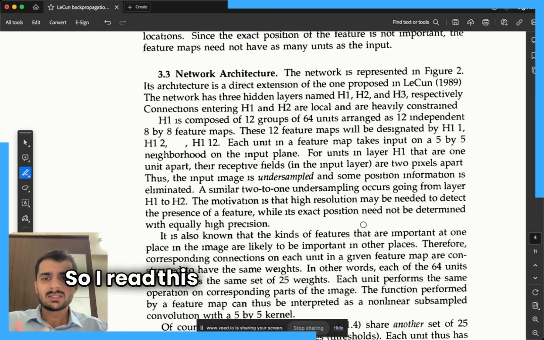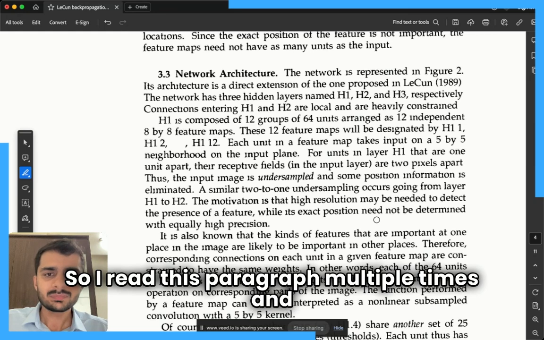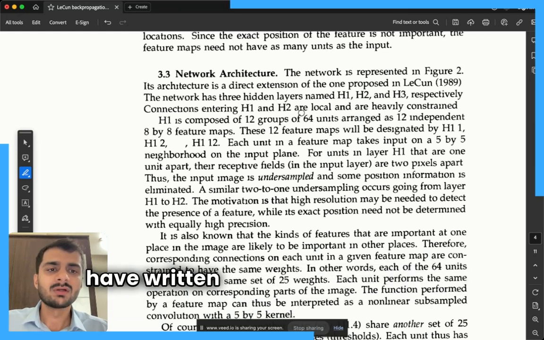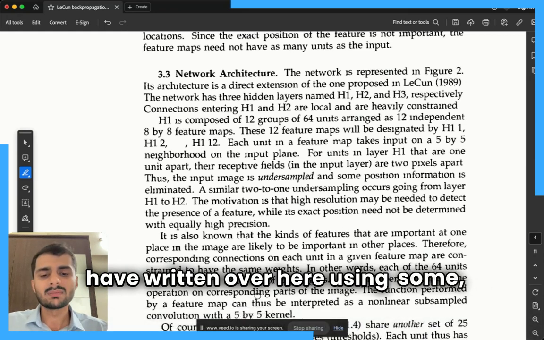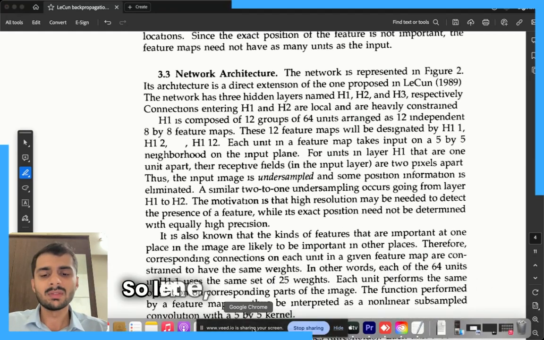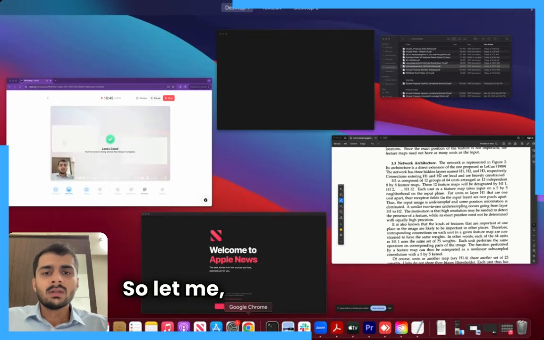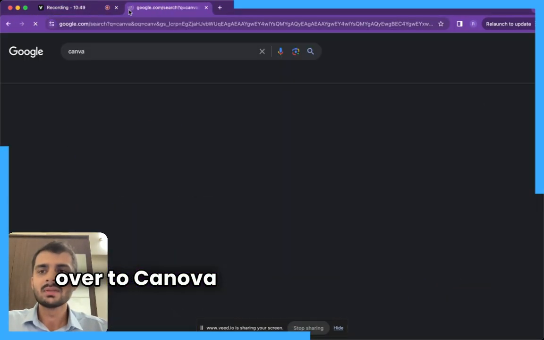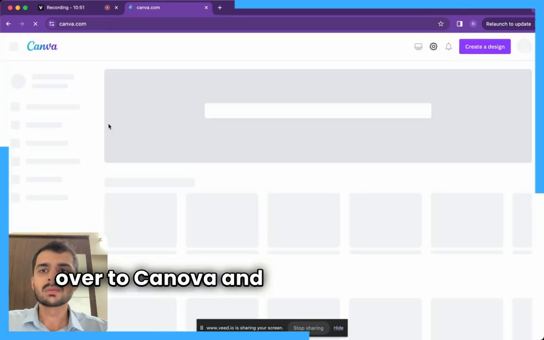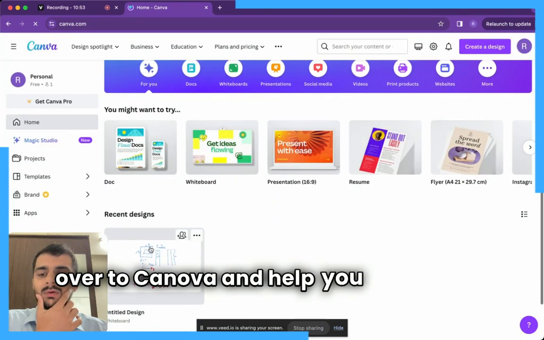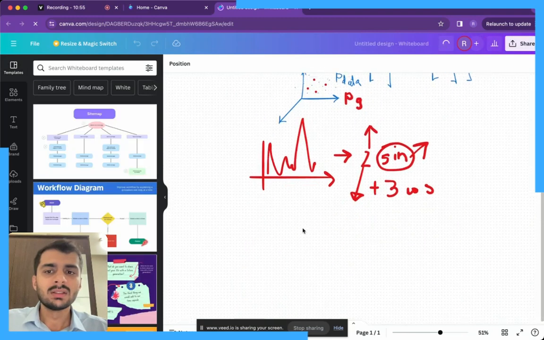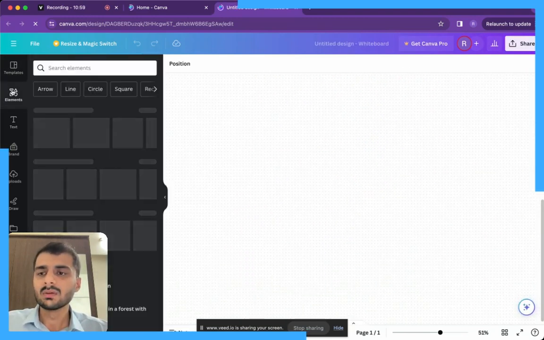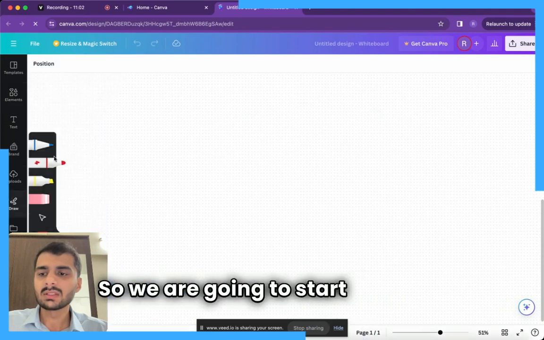I read this paragraph multiple times, and I tried to make sense of what they have written here using some figures. So let me go over to Canva and help you understand exactly what is happening in the architecture. Okay, so we are going to start drawing.